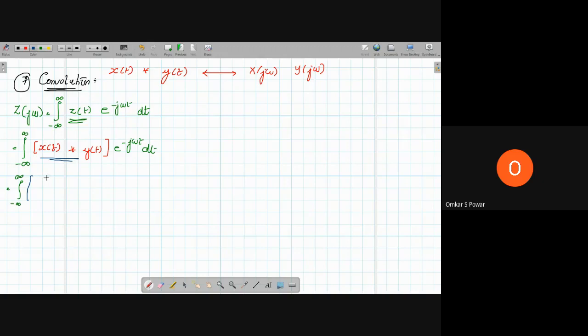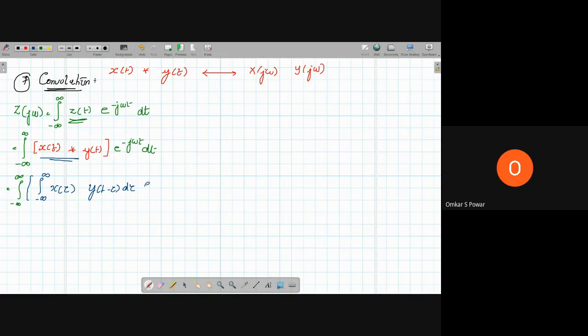So what is x of t convolution y of t? Integral from minus infinity to infinity of x of tau into y of t minus tau into d tau.